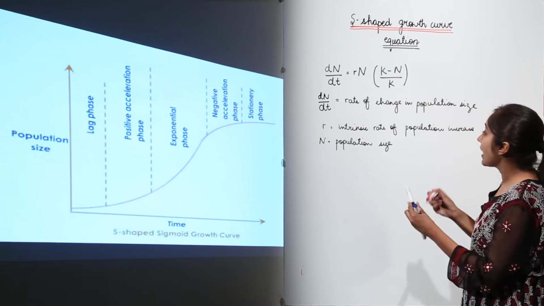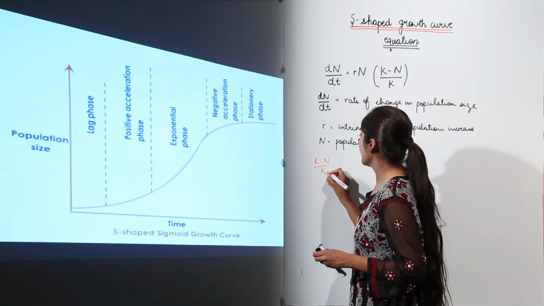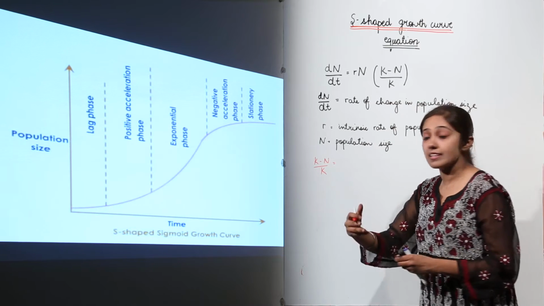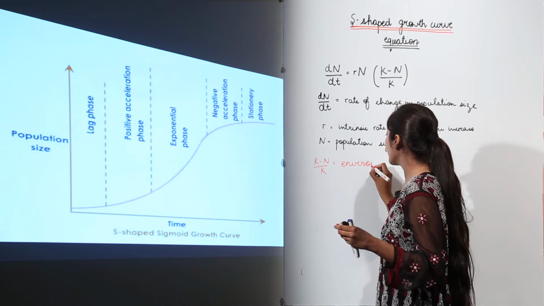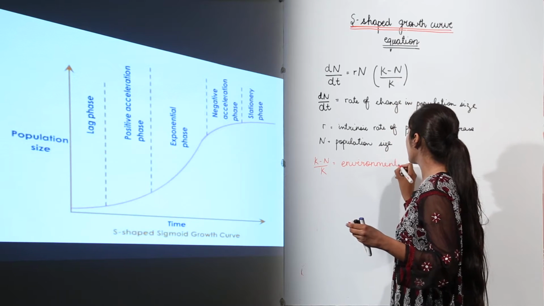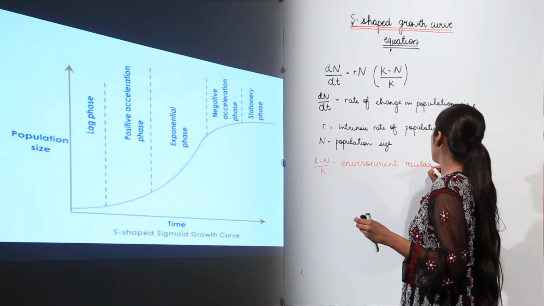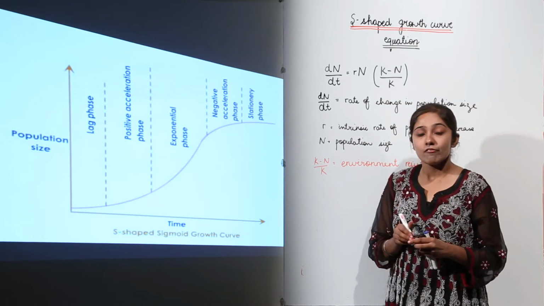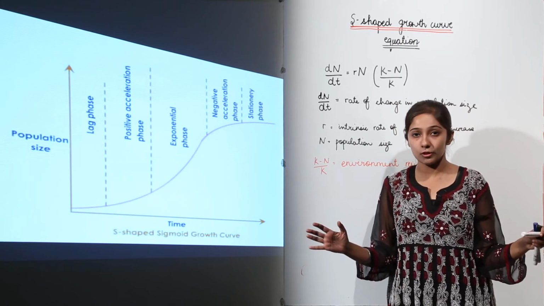This (K - N)/K is actually the environmental resistance. It's very important, try to understand it very carefully. Now what happens when we are studying these growth curves? We are supposing that there are no predators, right? There is abundant food available to the organism.